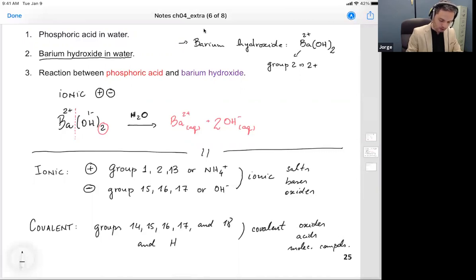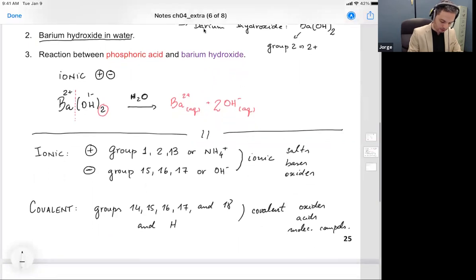So let's give you an example. When we look at H3PO4, this compound is formed by hydrogen plus phosphorus, which belongs to group 15, and oxygen that belongs to group 16.